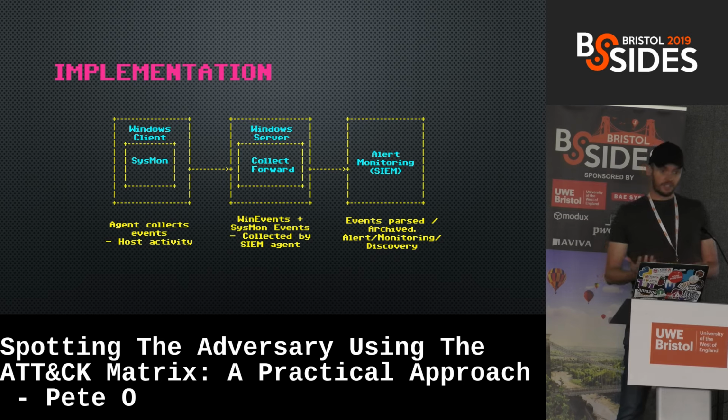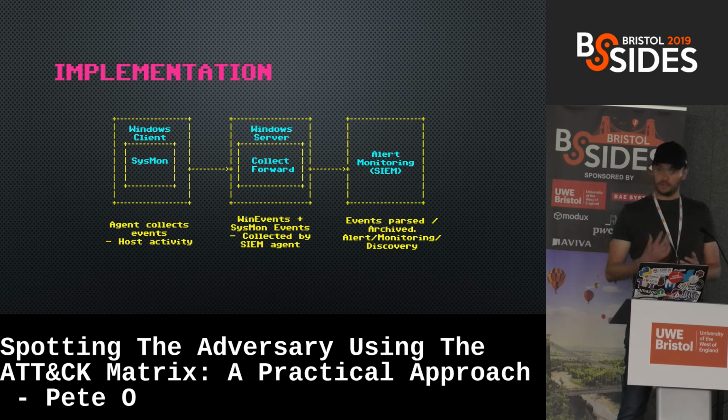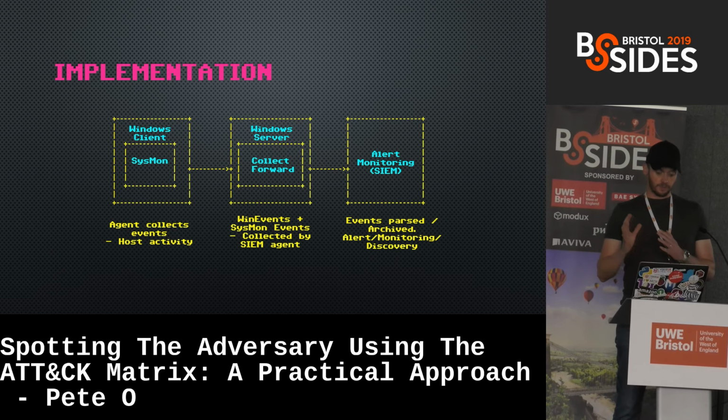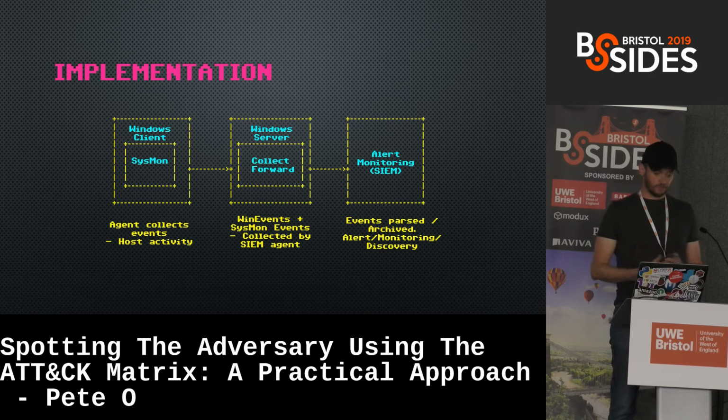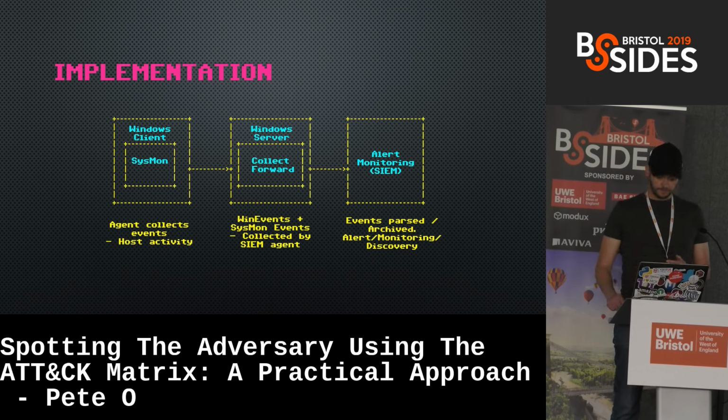Usually, in a typical security monitoring setup, you would have an agent or log forwarder on there, and that would forward it onto the SIEM, where it does all the aggregation and processing of the logs. Then the SIEM will parse those as well.